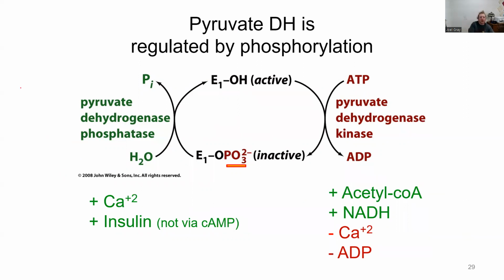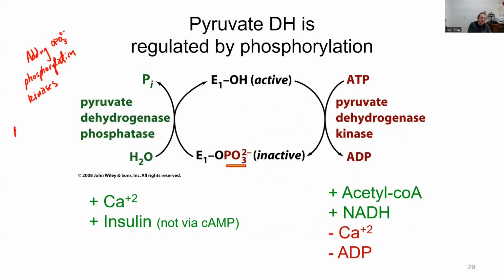So whenever you're adding OPO3 to a molecule, that is referred to as phosphorylation. Now, there are enzymes that do this, that add phosphate groups. Those enzymes are known as kinases.